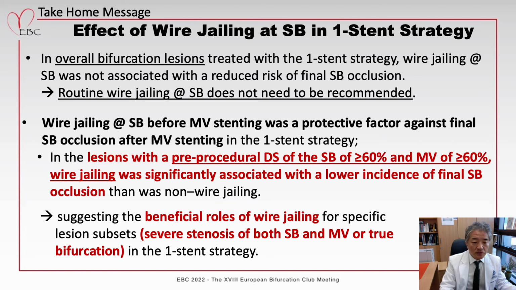Wire jailing was significantly associated with a lower incidence of final side branch occlusion than non-wire jailing. This suggests the beneficial role of wire jailing for a specific lesion subset, meaning severe stenosis of both the side branch and main vessel, or true bifurcation in the one-stent strategy.